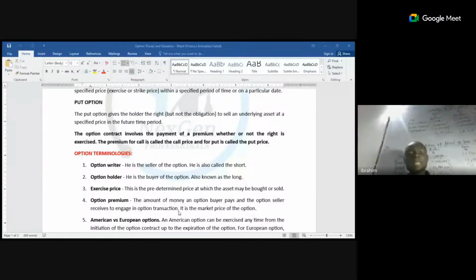Next, we have the exercise price. What is the exercise price? It is also known as the strike price. The predetermined price at which you are willing to buy or sell an underlying asset.